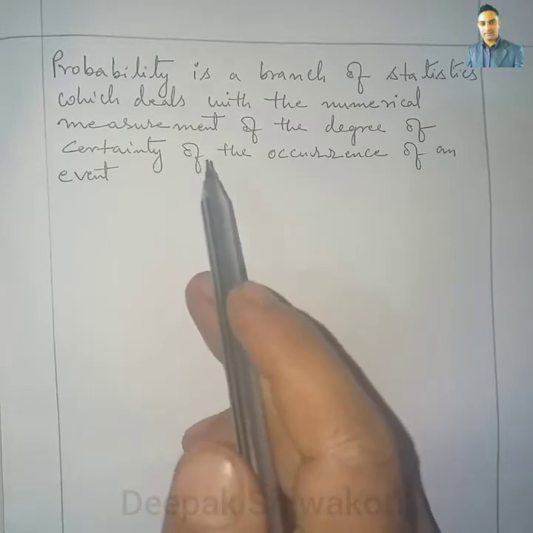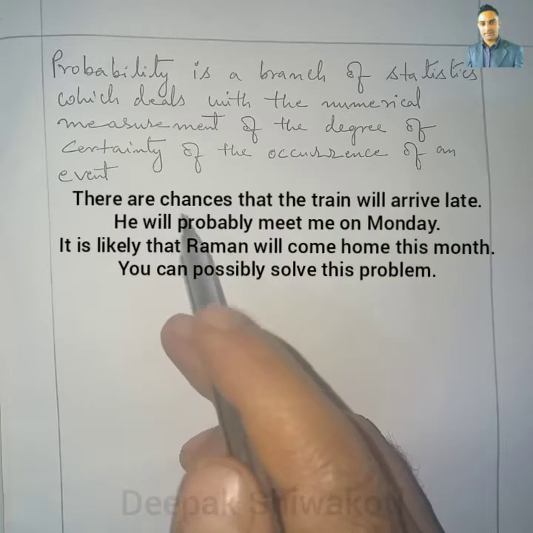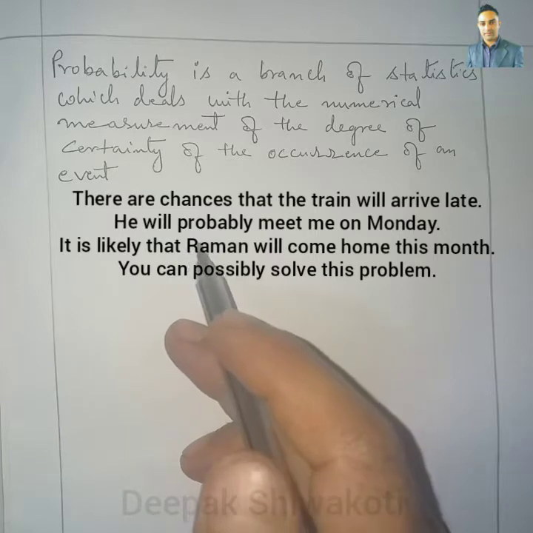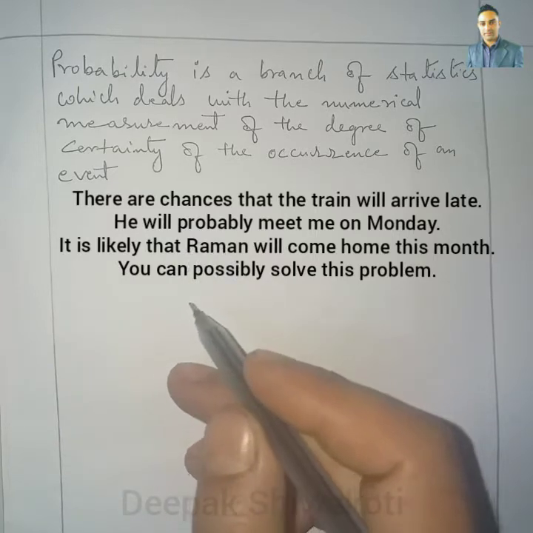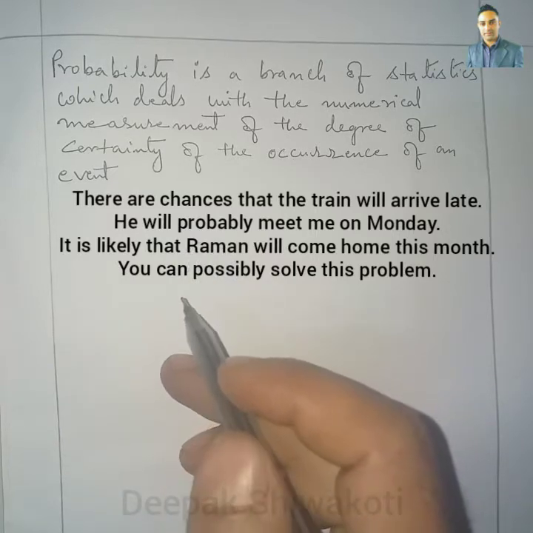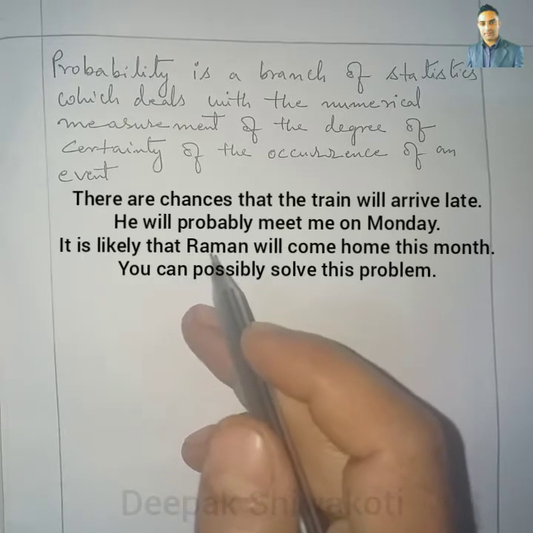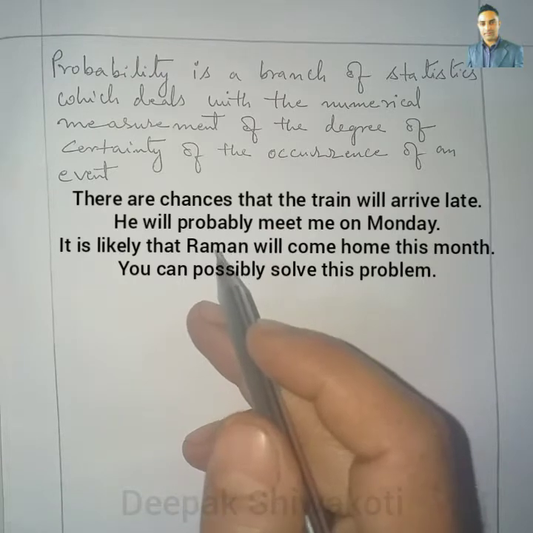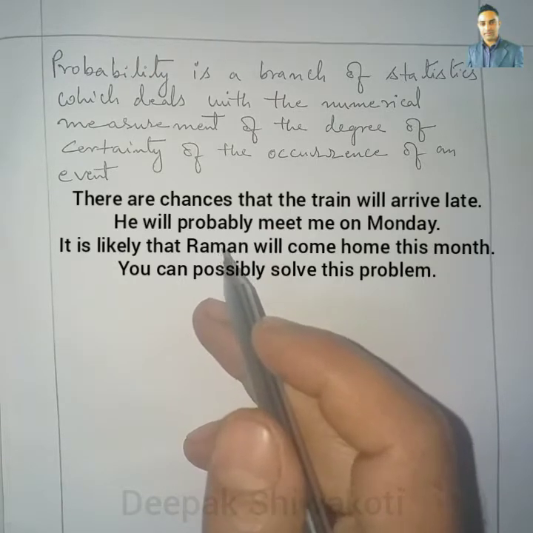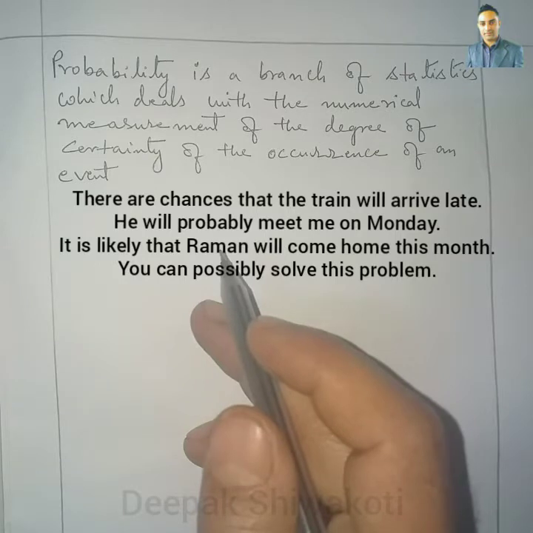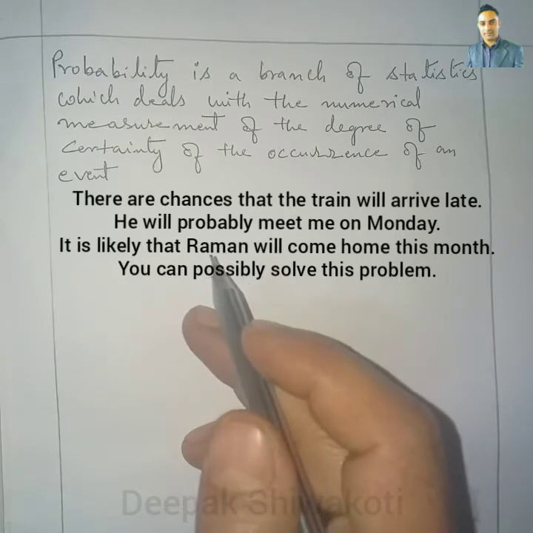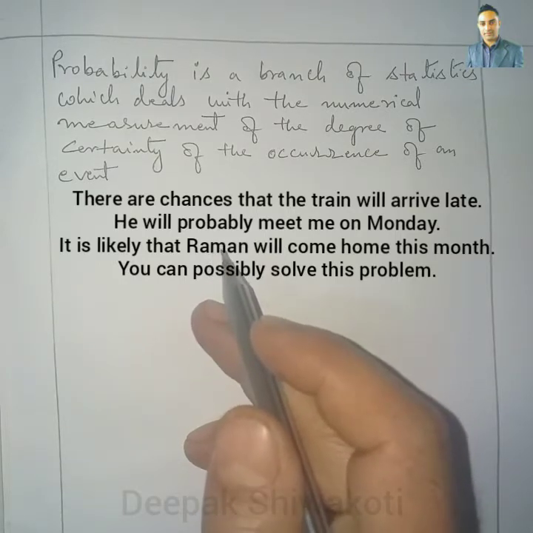And in our daily life, we come across statements like there are chances that the train will arrive late, he will probably meet me on Monday, it is likely that Raman will come home this month, you can possibly solve this problem. So here, chances, probably, likely, possibly convey the same meaning. That is, there is uncertainty, okay, in the happening of the event.